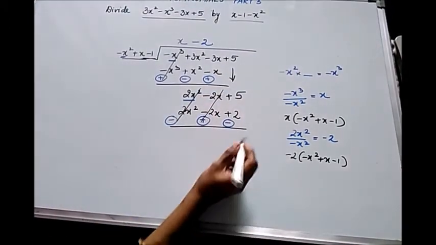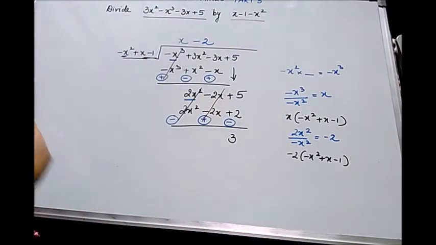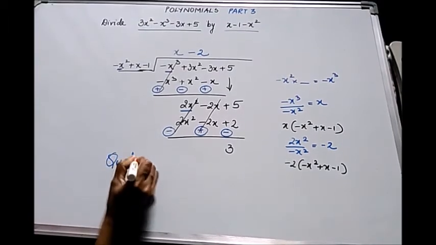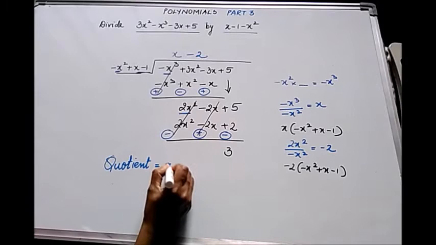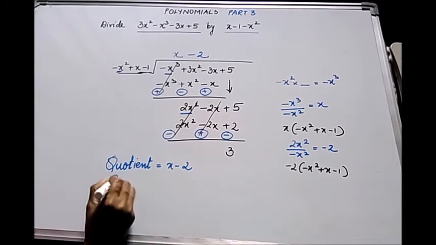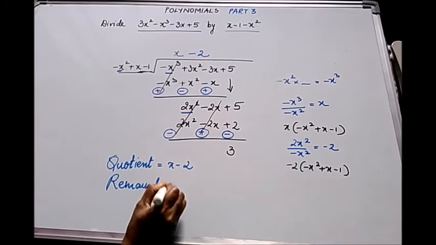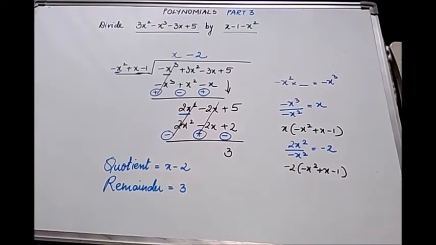It gets cancelled. 5 minus 2 will give me 3. Now here we see that the quotient is x minus 2 and the remainder is 3.